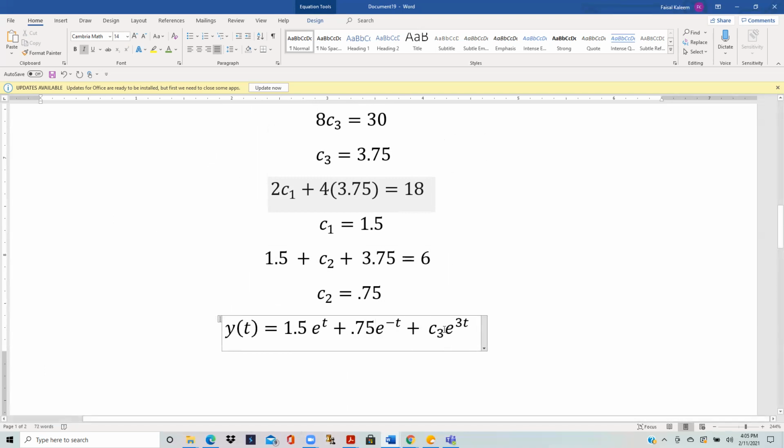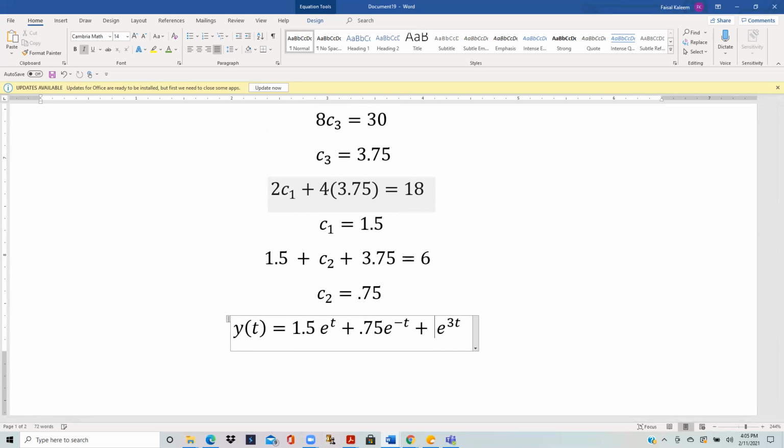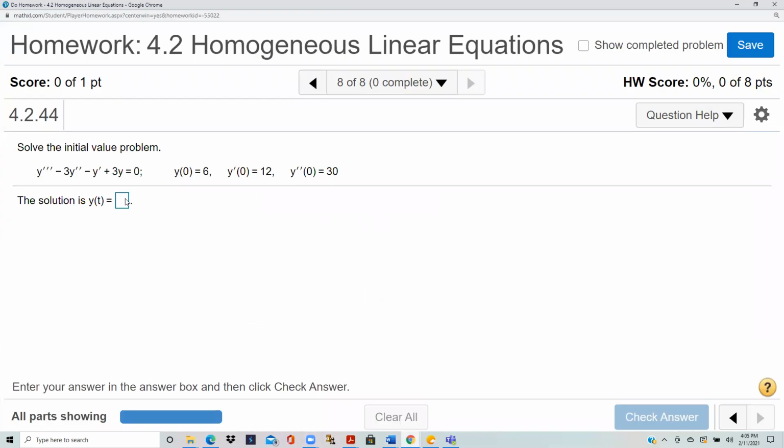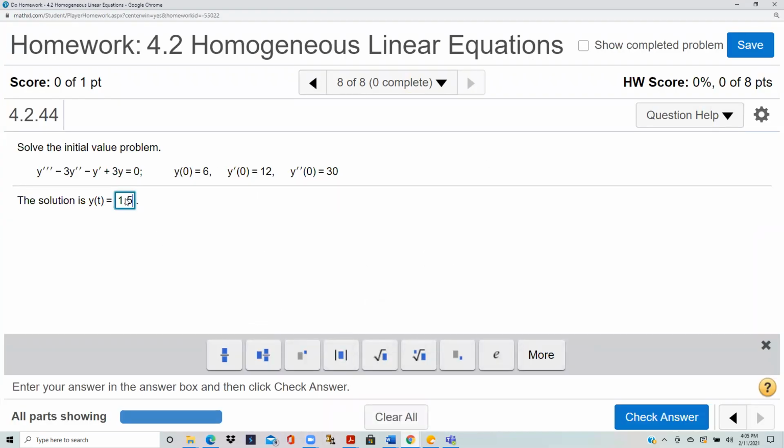C3 is 3.75. Okay, 1.5 e^t plus 0.75 e to the negative t plus 3.75 e to the 3t.